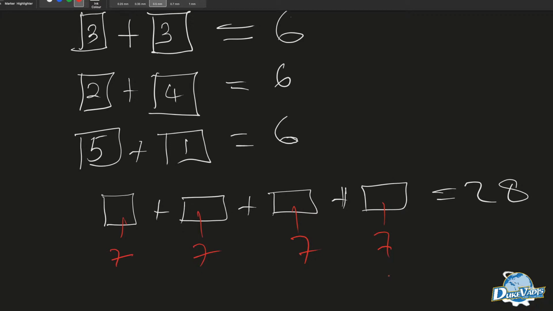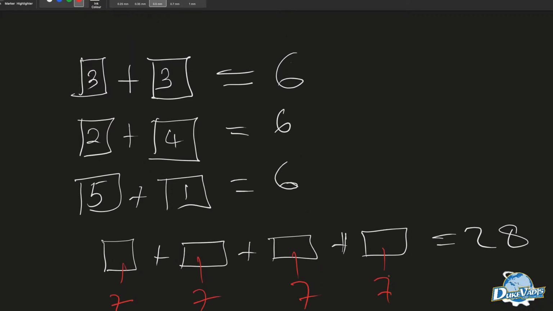So when we come to change of subject, this approach, we will usually represent mathematically with variables.